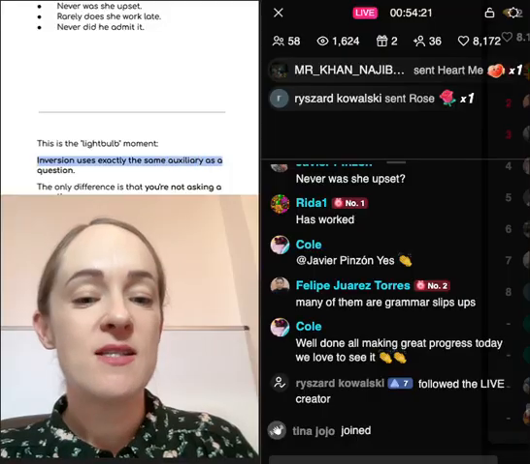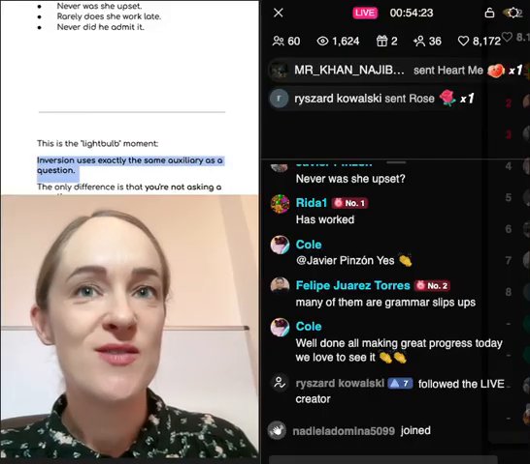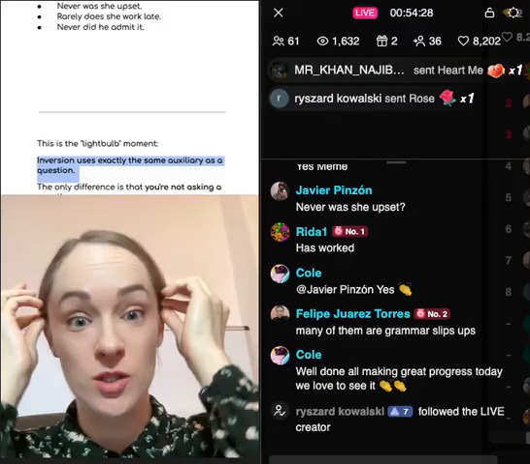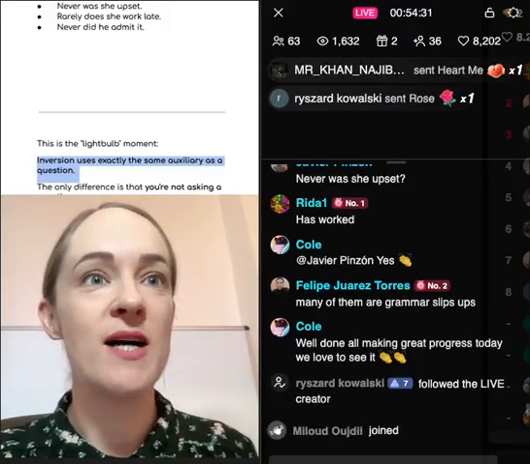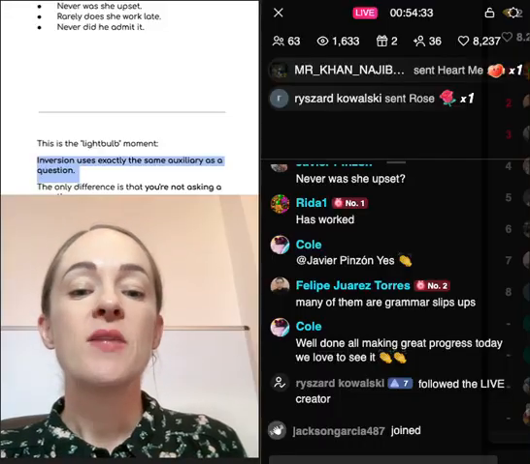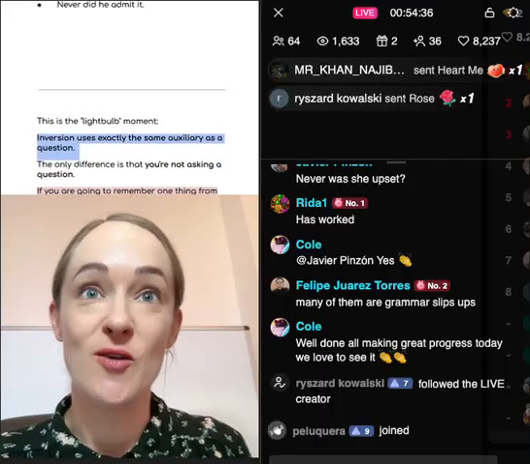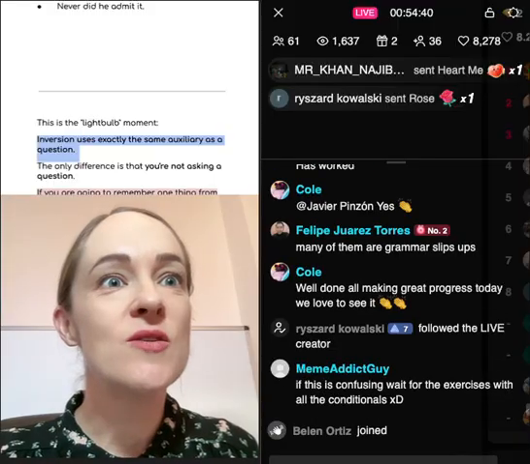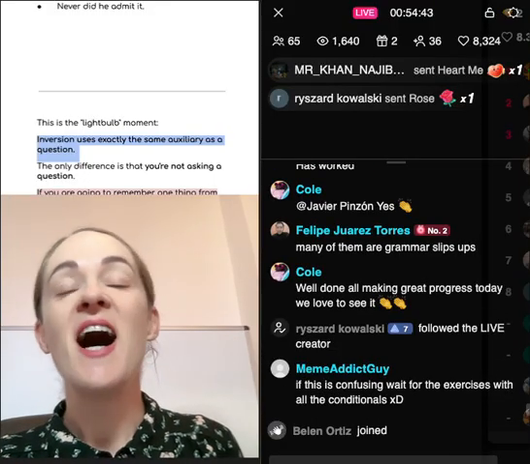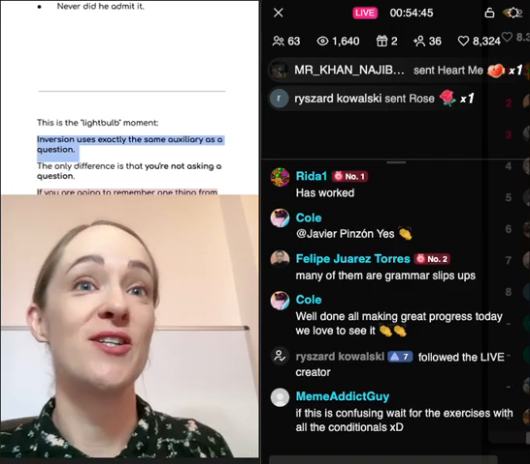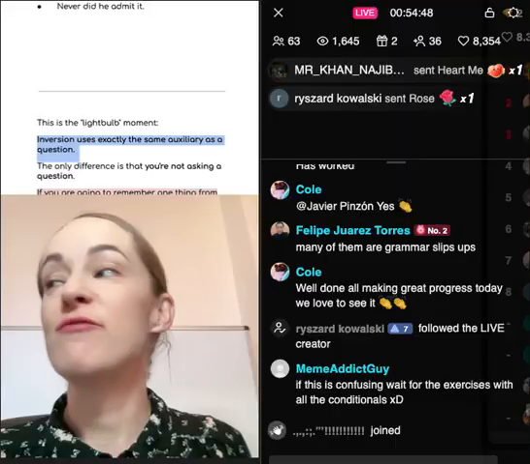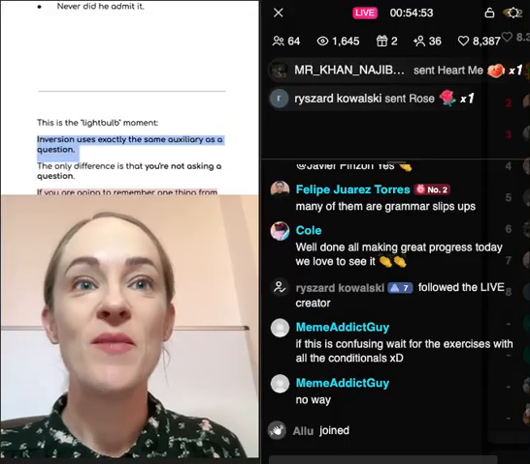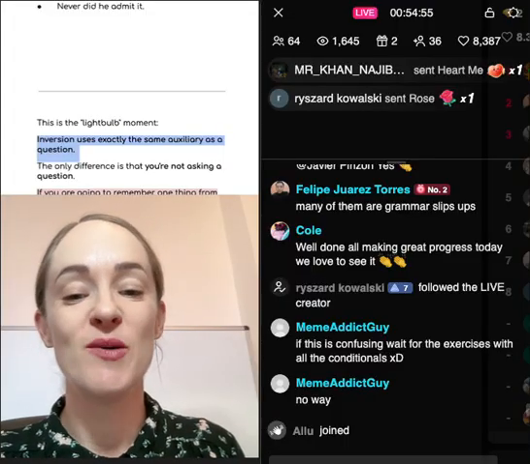Inversion uses exactly the same auxiliary as the question. So what auxiliary should I use? You have to go back and think, what is the question? It should be the same auxiliary verb as your question. The only difference is that you are not asking a question, so it's not actually a question. This is confusing, so wait for the exercise. I actually think this is more difficult than conditionals, if you ask me. I have found my students find this more difficult and make more mistakes.